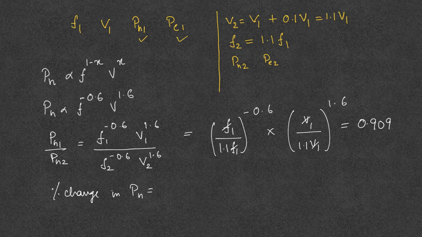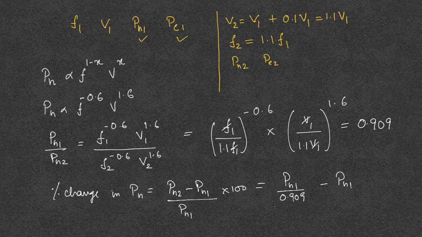Now how do you find the percentage change in the hysteresis losses? This is given by the difference in losses, PH2 minus PH1, divided by PH1, into 100, which will give you the percentage. So PH2 you can write as PH1 by 0.909, minus PH1, divided by PH1.